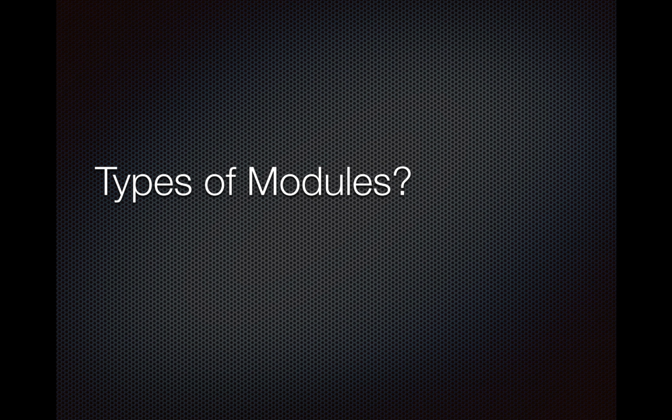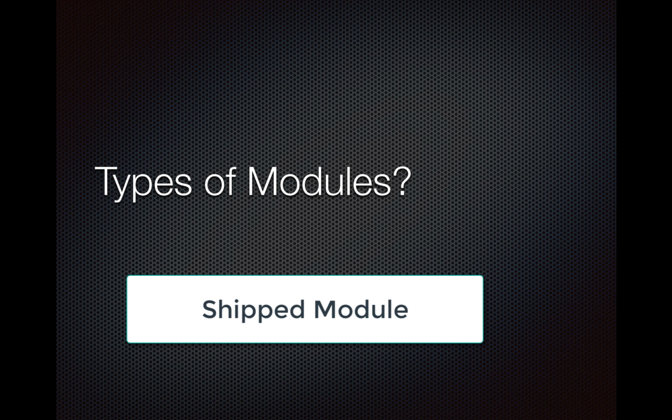Now let's look at what types of modules we are going to use. There are three main types of module. There are modules that we create, like we are going to create now. Basically, it's one file that you can create and use in another file. Then there is a built-in module, or shipped module. What is a built-in module? Overall, Node functionality is very simple, but for everything else you need modules.